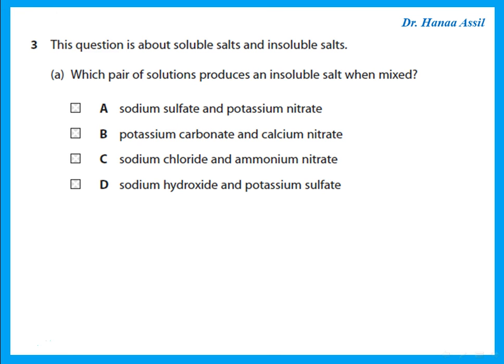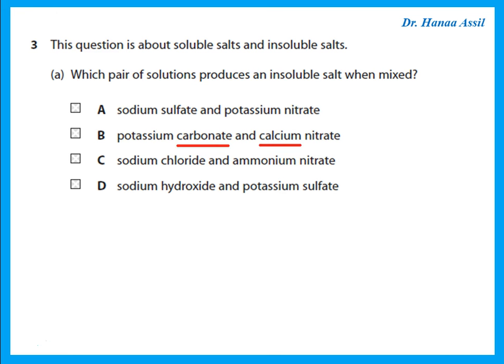The one that is not soluble in this is if I react potassium carbonate with calcium nitrate. This will give what? This will give potassium nitrate, which is soluble, but it will also give calcium carbonate, and calcium carbonate is an insoluble salt. So again, remember, sodium anything, potassium anything, anything nitrate, ammonium anything, all of these salts are soluble.